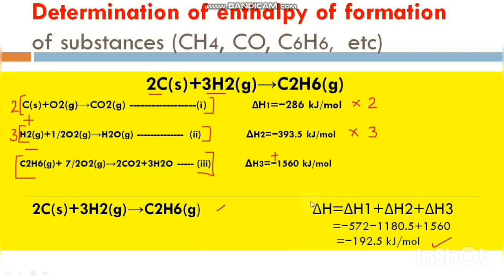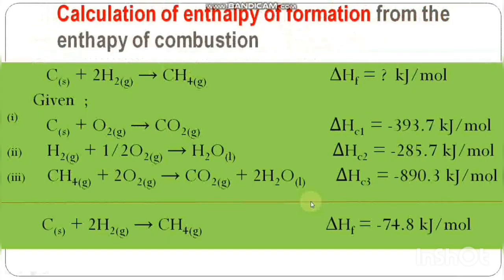In the second example, let us calculate the enthalpy of formation of methane. So the required equation is carbon plus 2 hydrogen forming methane. We are given enthalpy of combustion of 3 reactions. First reaction is carbon plus oxygen forming CO2. Enthalpy of combustion delta HC1 is equal to minus 393.7 kilojoule per mole.